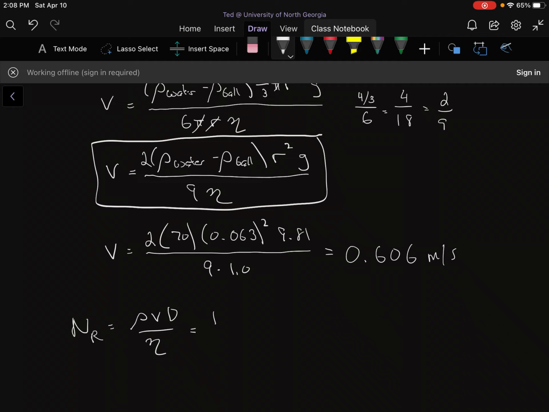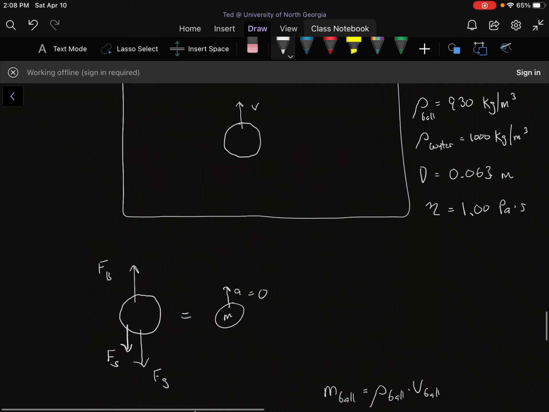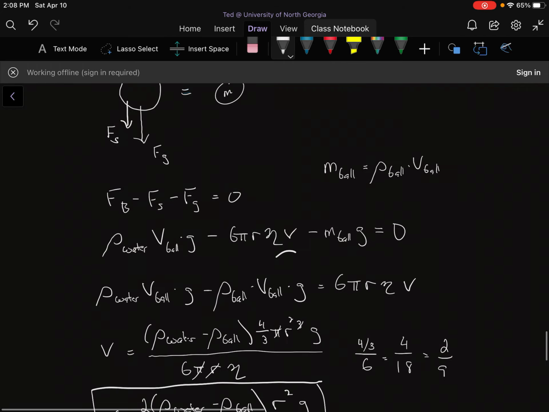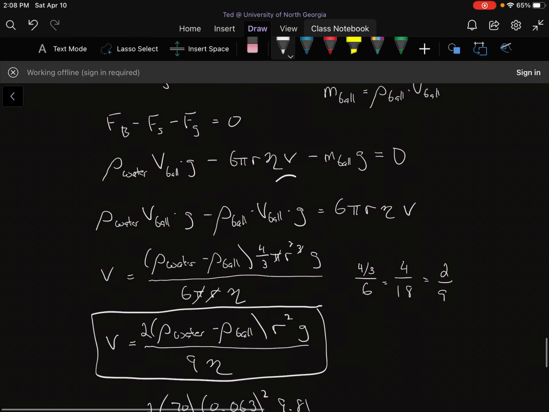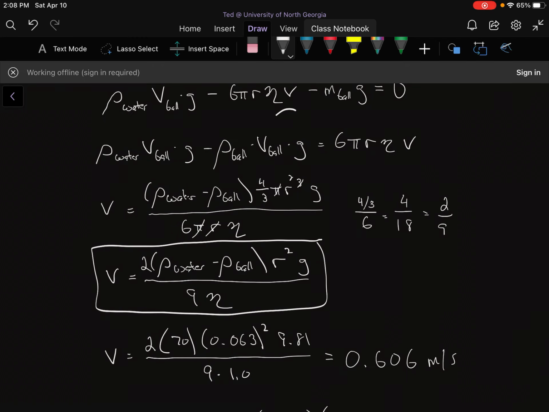So this is 1,000 times 0.606 times the diameter of the ball, oh crap. I did this wrong. I needed to put in the radius of the ball, and I put in the diameter.